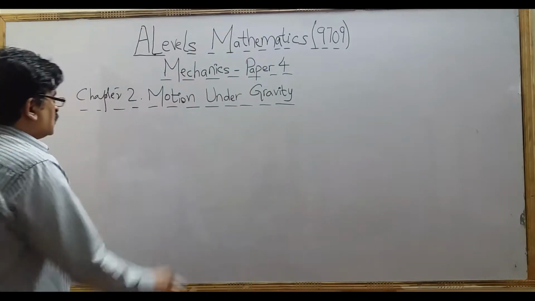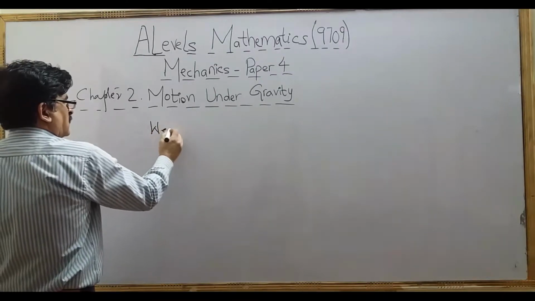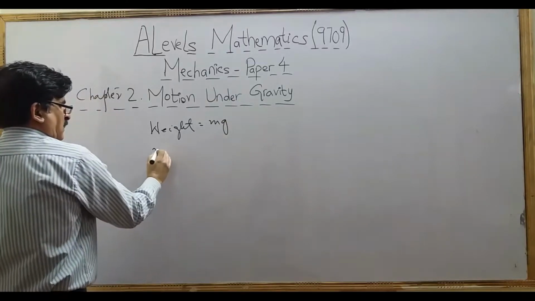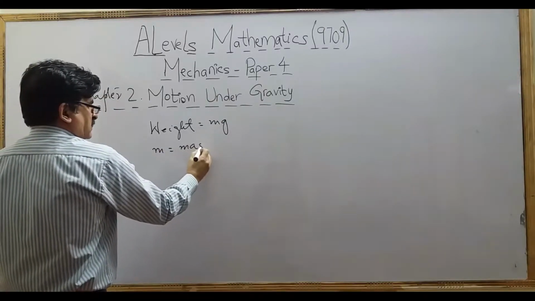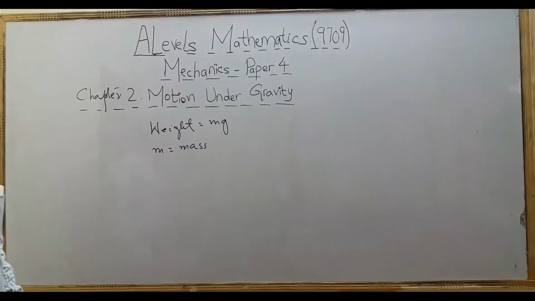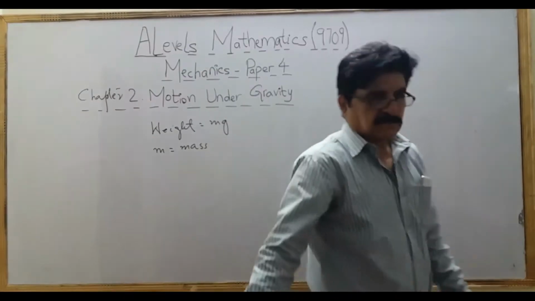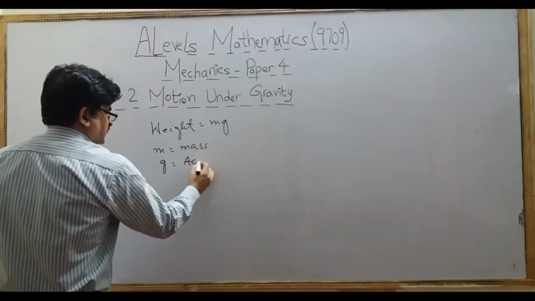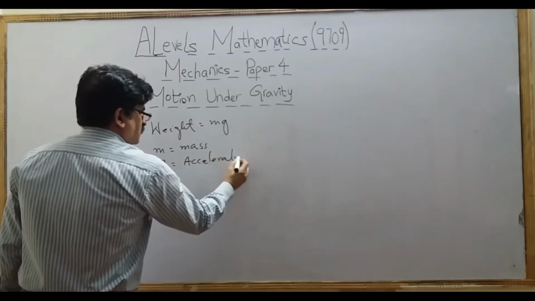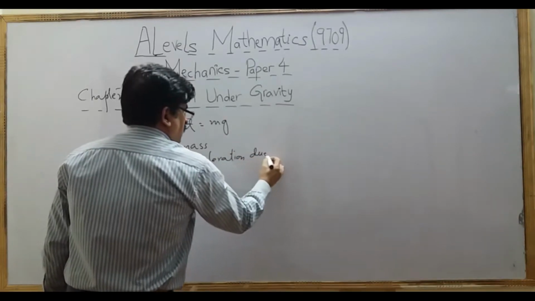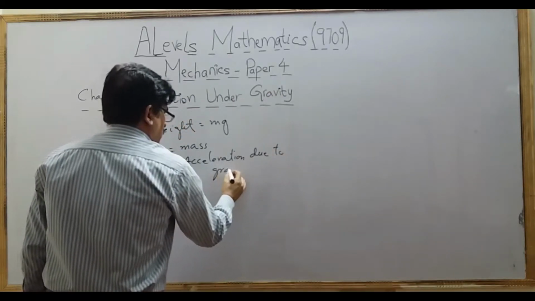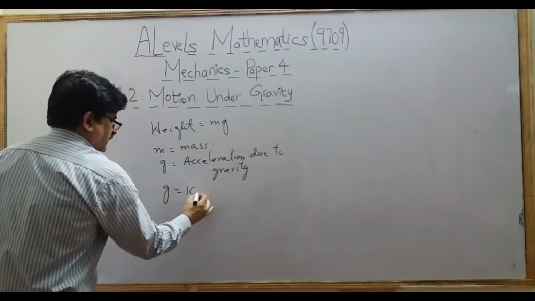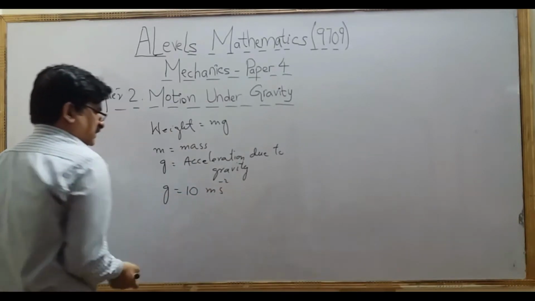Now you know that weight is equal to mg, where m is mass of the particle. Now g is, what is g? It is acceleration due to gravity. Its approximate value is 10 meter per second square.